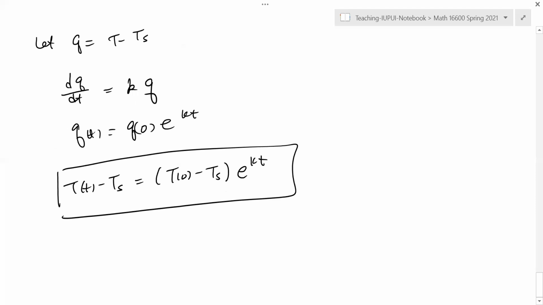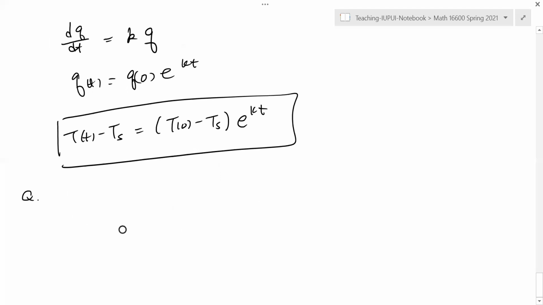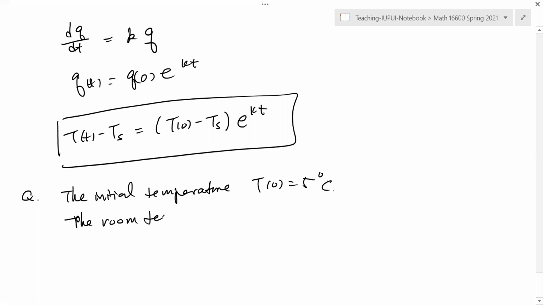All right, so let's work on the problem. We know that the initial temperature of the object is 5 degrees, and the room temperature Ts equals 20 degrees.